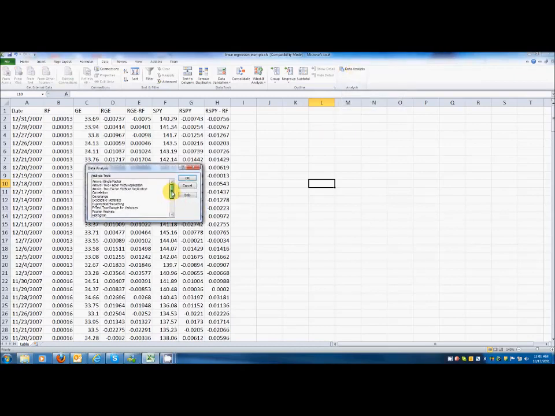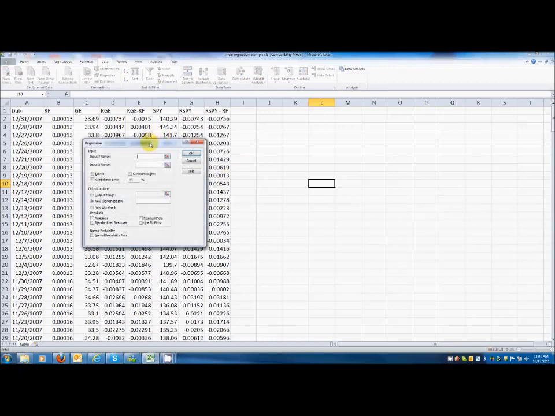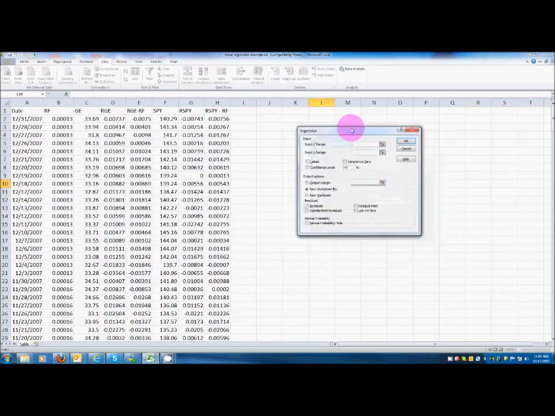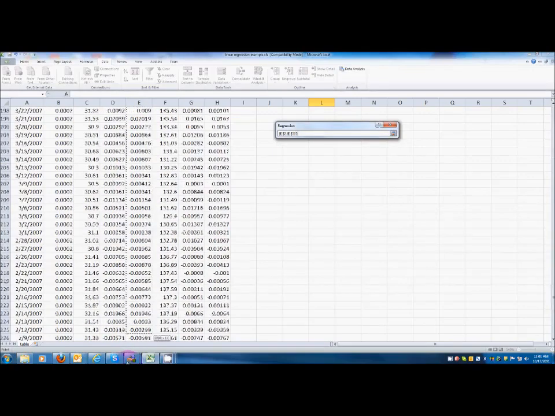I'm going to go through here. There's all sorts of neat stuff that you can play with: correlation, covariance. But we're going to do regression and hit OK. Now I want to put in the Y range. Remember, Y is the expected return on the security minus the risk-free rate. So all I'm going to do is select all these returns for GE.